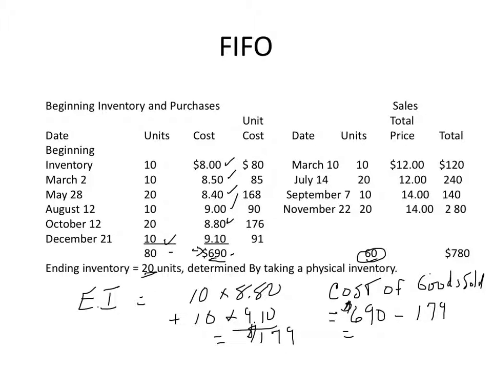Therefore, I don't have to add up all those costs. I can determine it by subtracting ending inventory from the goods available. So under Fifo, I'm saying that the value of the ending inventory is 179, and the cost of the goods I sold was 511.